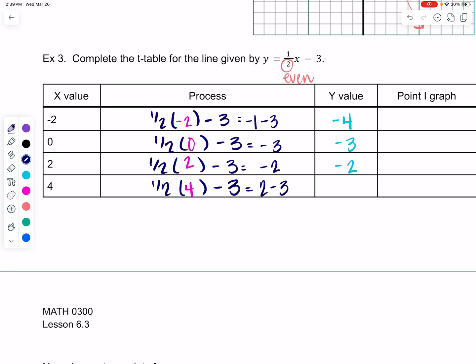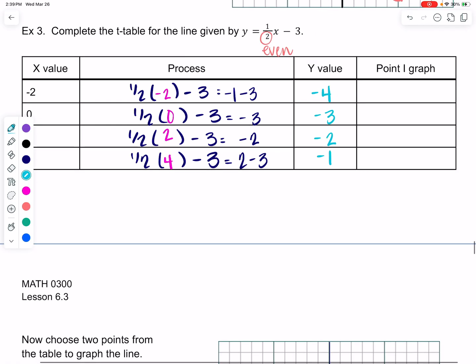Minus 3 is -1. So my points would look like -2, -4, 0, -3, 2, -2, and 4, -1.